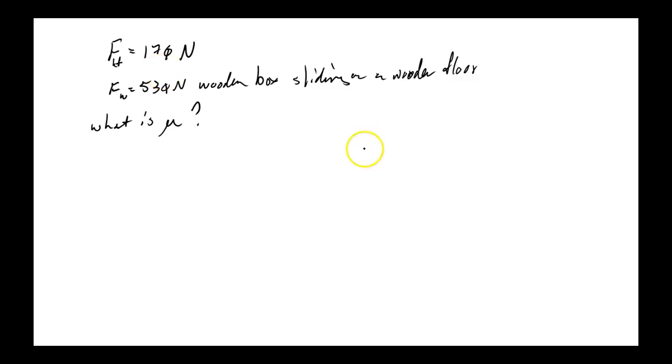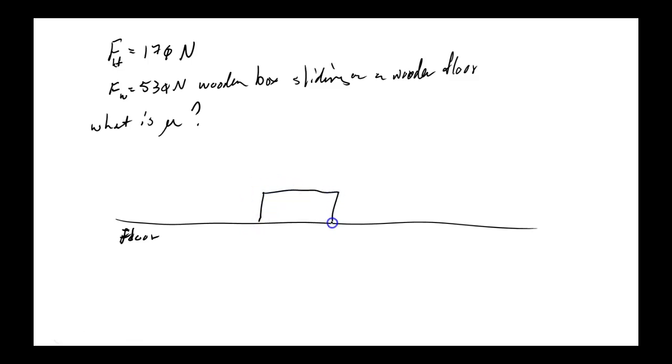Get back to this. So, here is the figure they show, and this is pretty reasonable. This is the floor. Okay, you're sliding across the wooden floor. Okay, here's the crate that you're pushing on with 170 newtons.